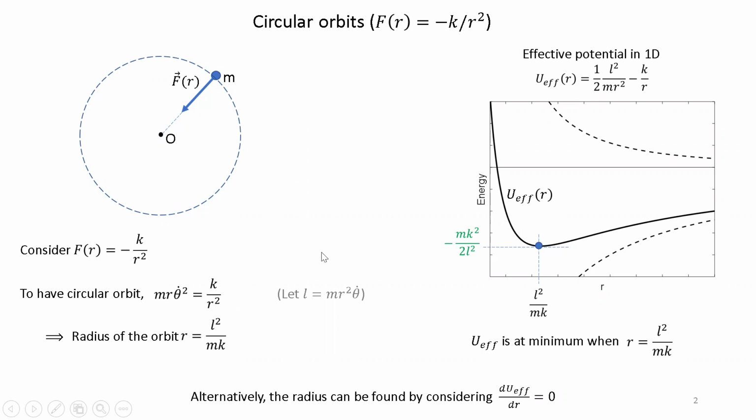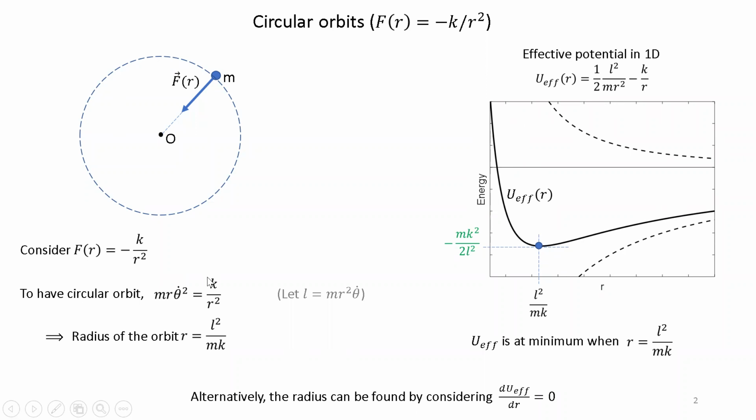Also remember the picture of the effective potential that I introduced last time. If we are in a circular orbit, the radius you are at is exactly the point where the effective potential is at its minimum.